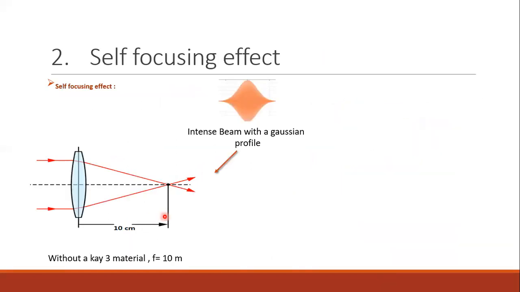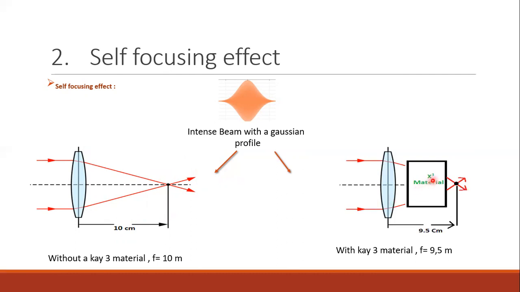Next, before we measure the N2, first we need to talk about the self-focusing effect. So when we send an intense beam with a Gaussian profile through the setup, which doesn't have a nonlinear optical material, the focal distance will correspond exactly to the one indicated in the lens.